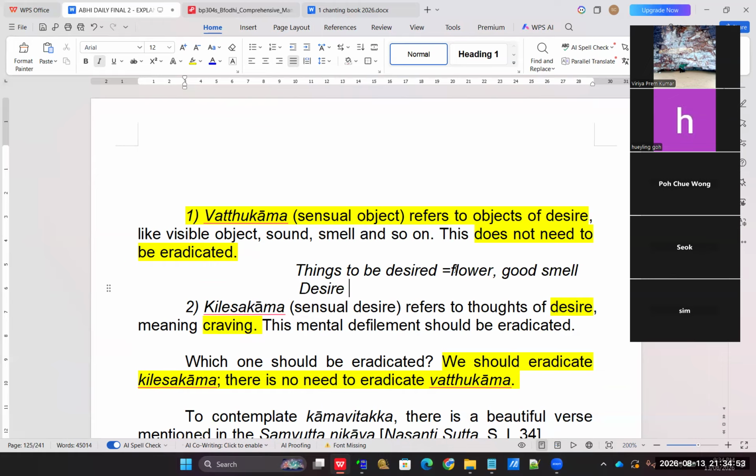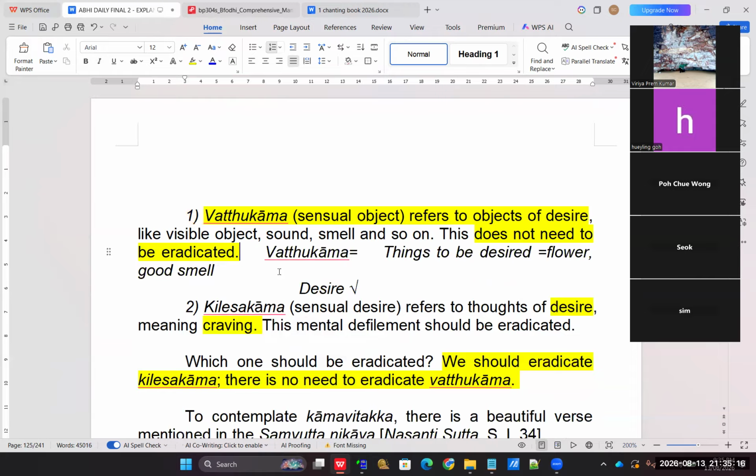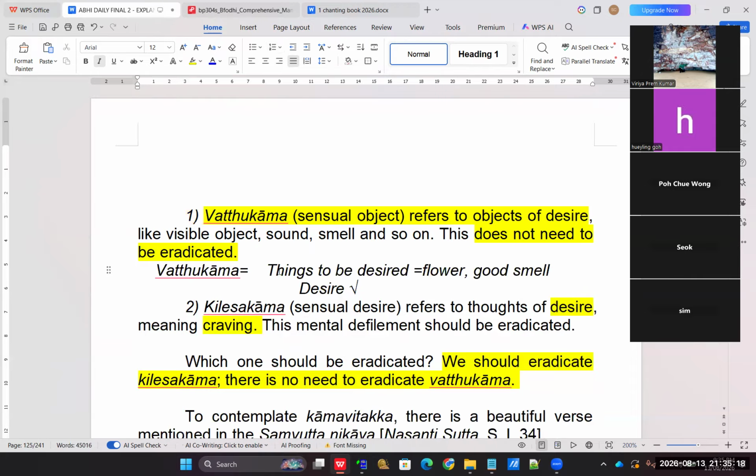What is supposed to be destroyed is desire itself, because desire is under wrong thoughts. Okay? Can you all follow? Right, so this is Vatthu kama. So this is Kilesa kama.